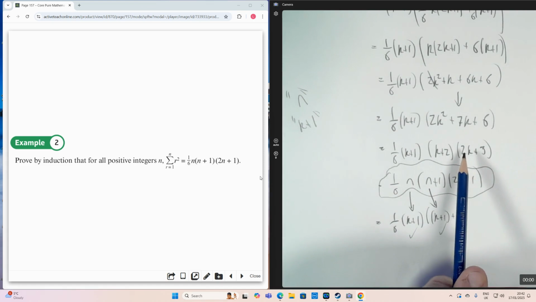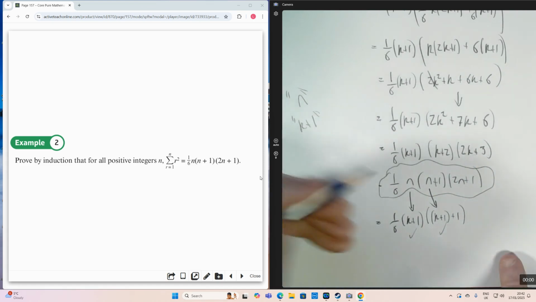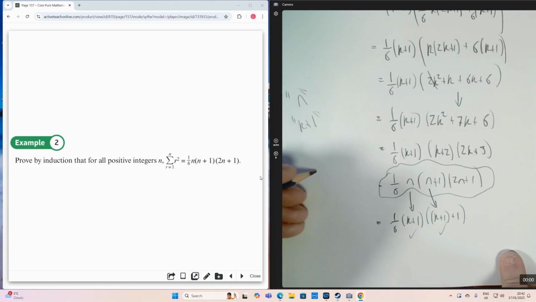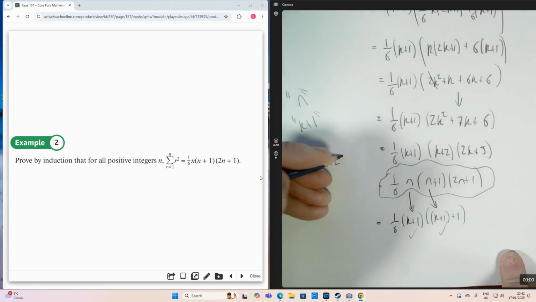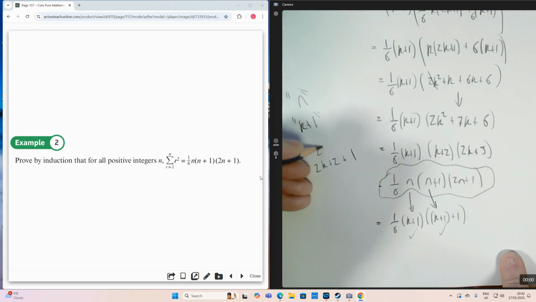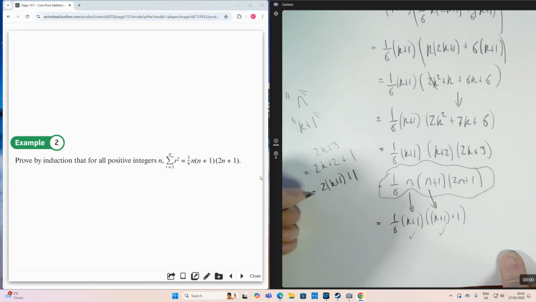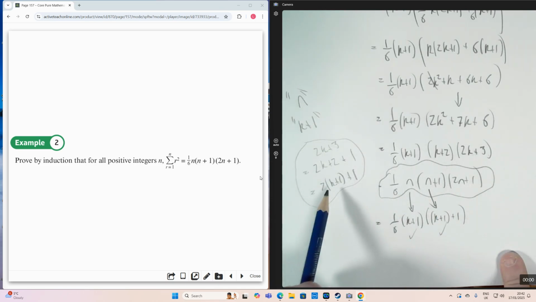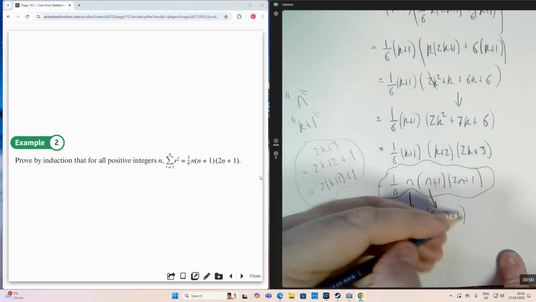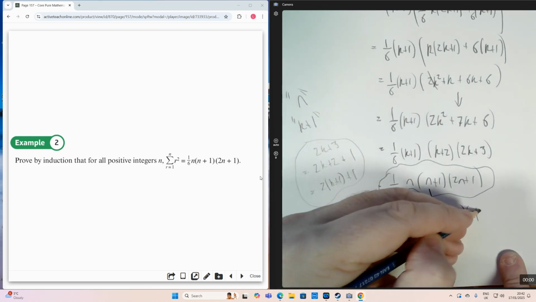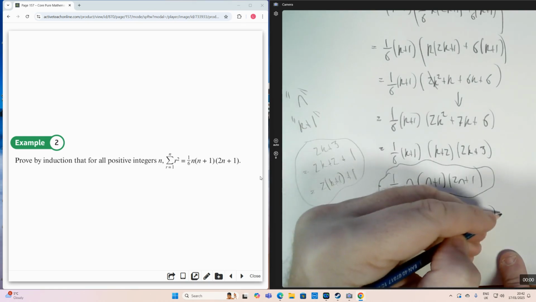Okay, now here, 2k+3 can be thought of as 2k+2+1. So 2k+3 equals 2k+2+1, which is equal to 2 times (k+1) + 1. And that's perfect. That's really, really good, because we've got 2 times n is now 2 times (k+1). So we put that with 2, open brackets, k+1, +1.